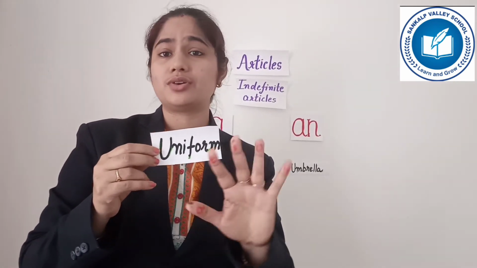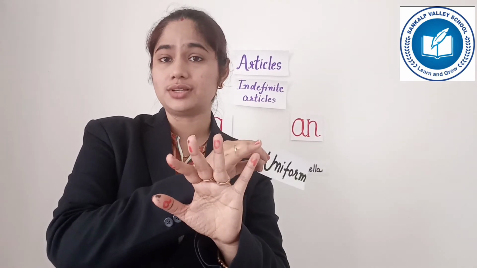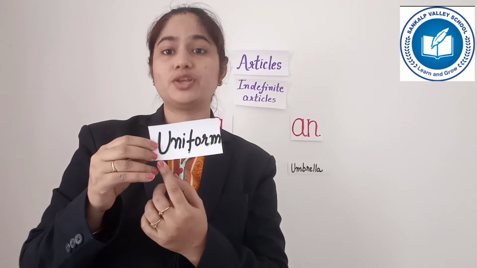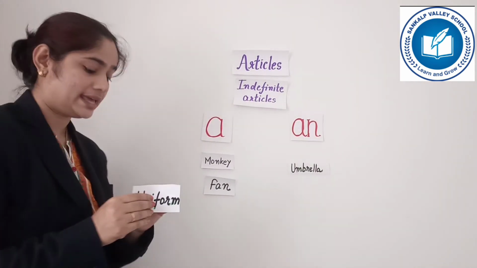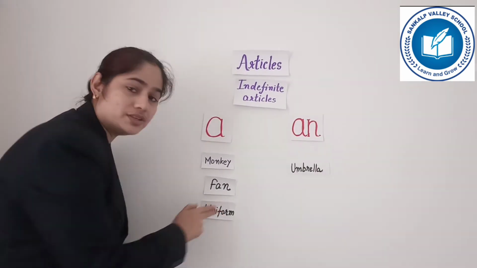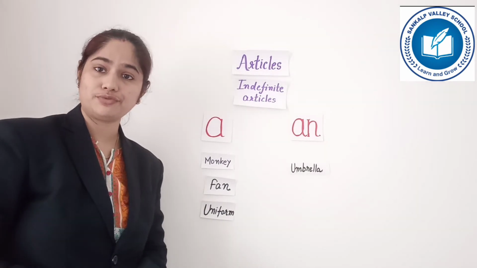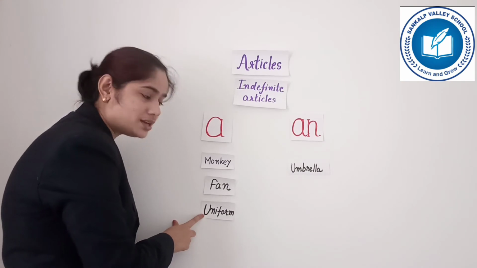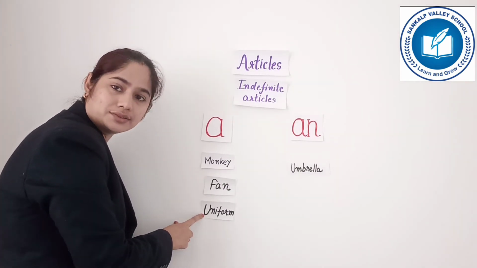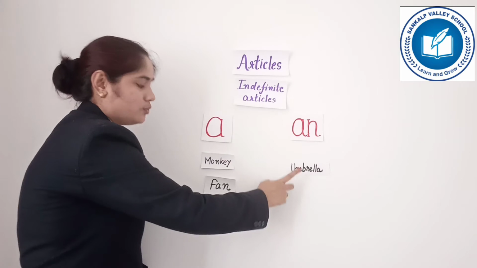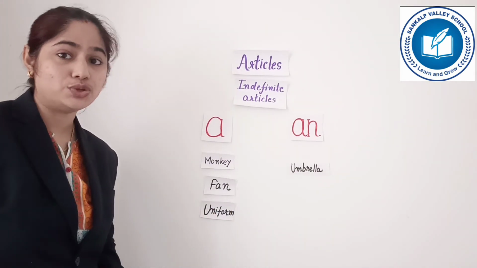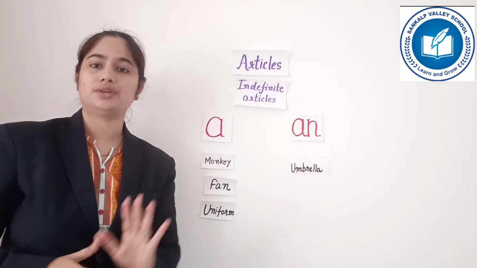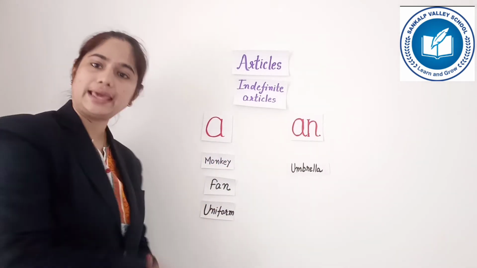The opening sound is not exactly matching the vowel sound. So we will place it under a. We say a uniform. We are not placing it under an because the opening sound is not the vowel sound. So we will use a.